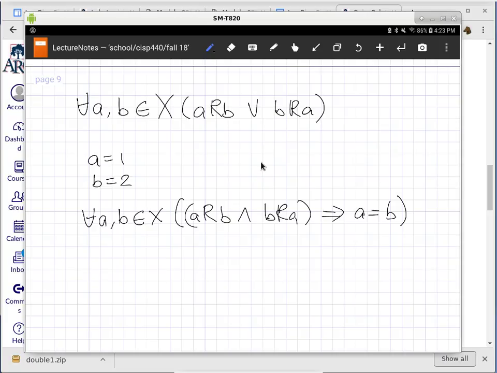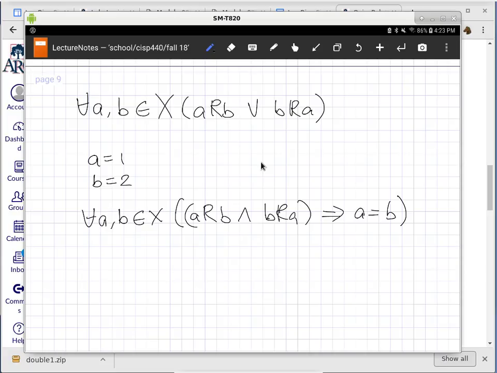So now we are really asking for every single way to pick 2 elements out of all integers, because X is the set of all integers. A is less than B and B is less than A implies A equals B. Is that implication holding true for every single way for me to pick A, B out of the set?